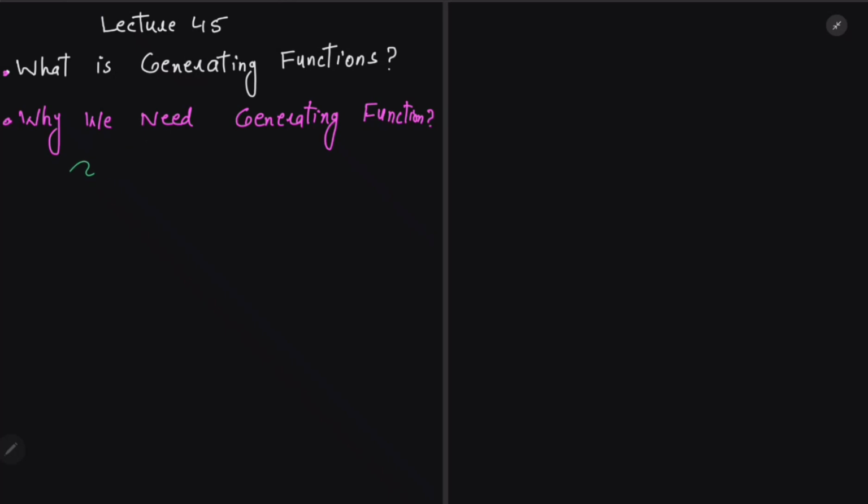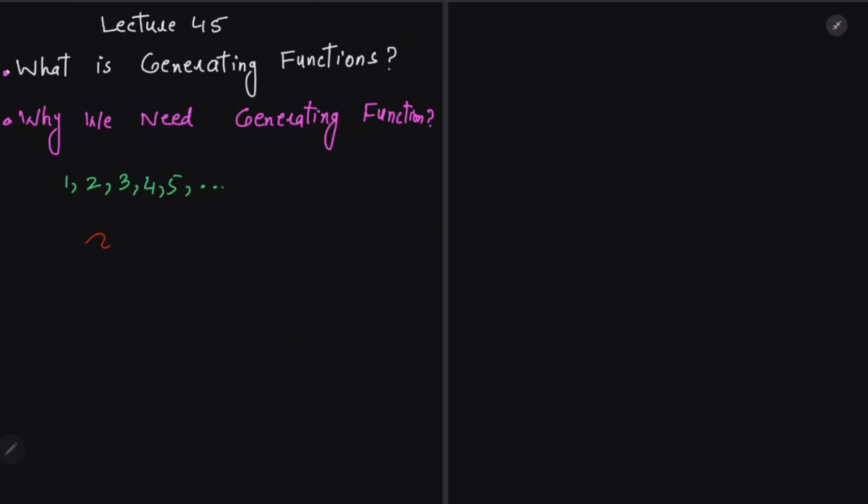Suppose we have the numbers 1, 2, 3, 4, 5. This is a kind of sequence that we studied before somewhere in the mathematics books. What we are going to do is write this as a coefficient in a power series.